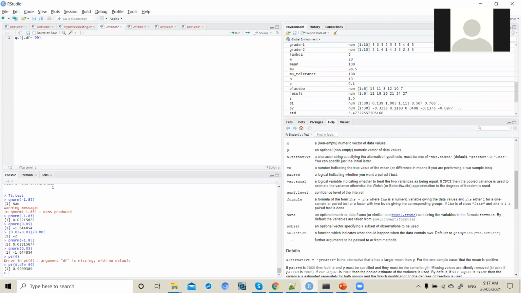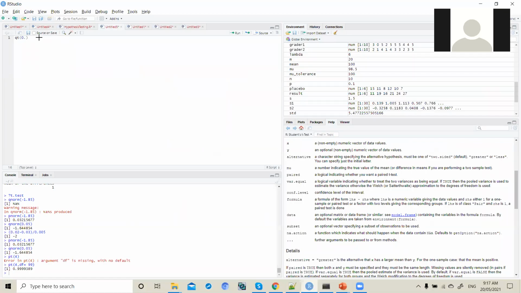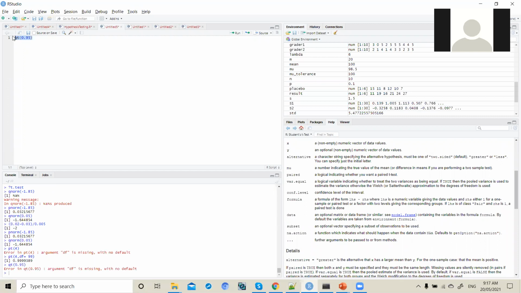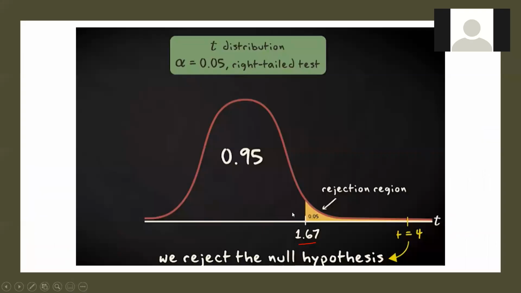If we do qt of 0.95 with 99 degrees of freedom, 100 minus 1, we get 1.66, 1.67. So anything that is beyond 1.67 would be my rejection region.